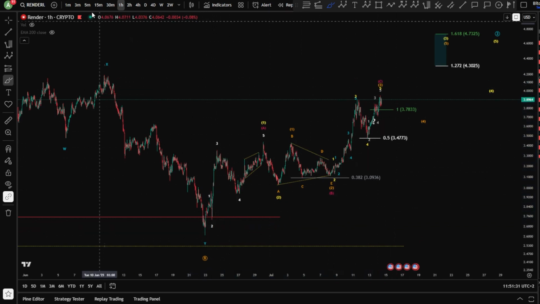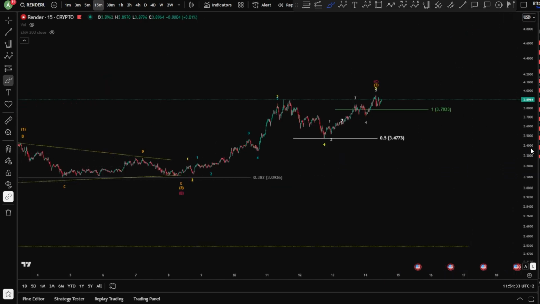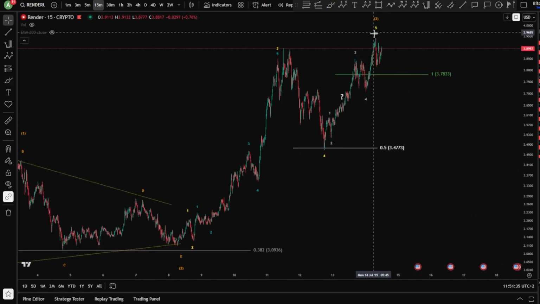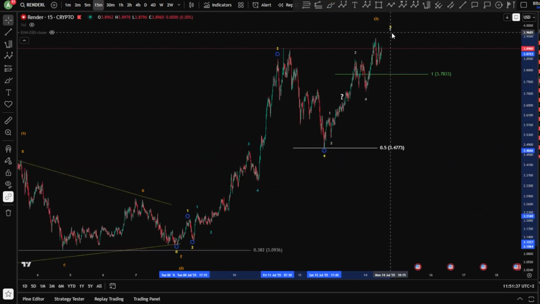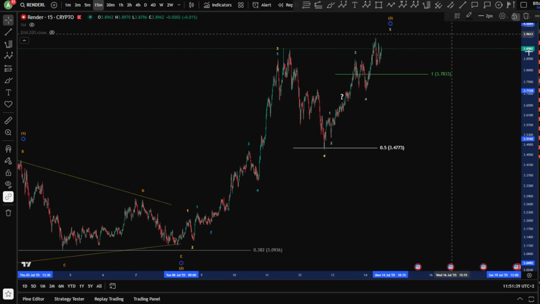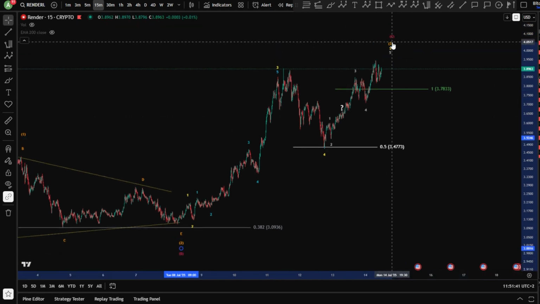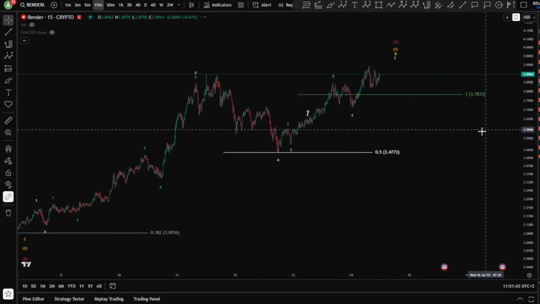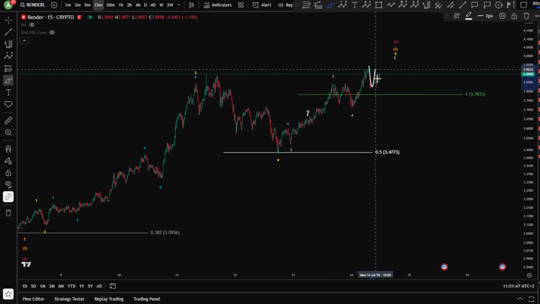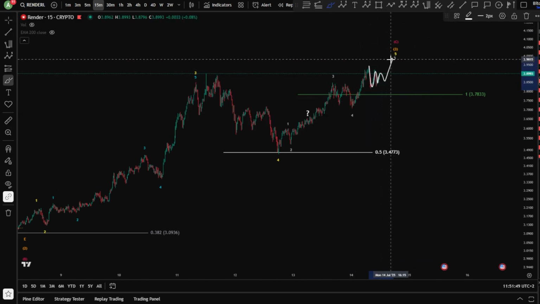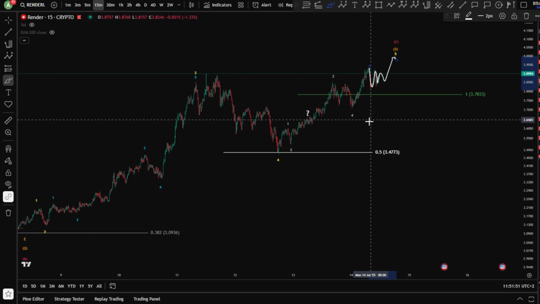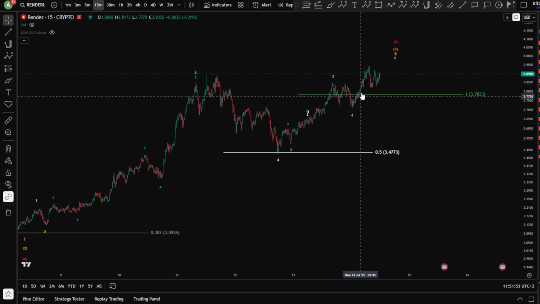On the 15-minute chart, what you might have here is a wave 5, one more leg towards the upside, where it might finish this wave C, wave 3, and then we seek what's going to happen after it. You see here clearly a triangle, wave 5 to unfold still, potentially higher after 1, 2, 3, 4, and a 5.